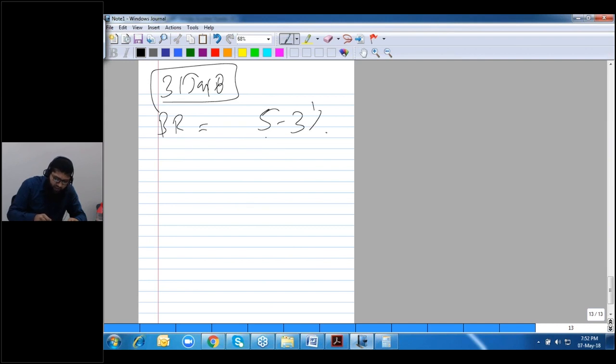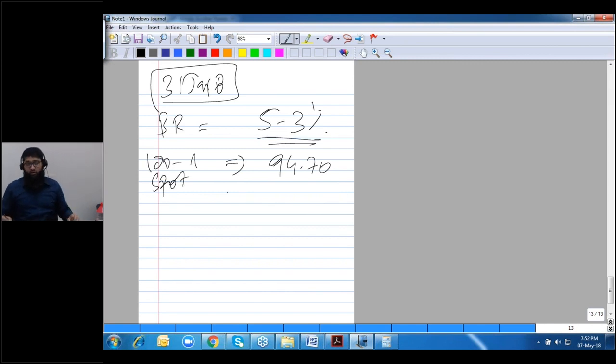Now, when we express this 5.3% as 100 minus R, it becomes 94.70. So the spot is going to be 94.70.